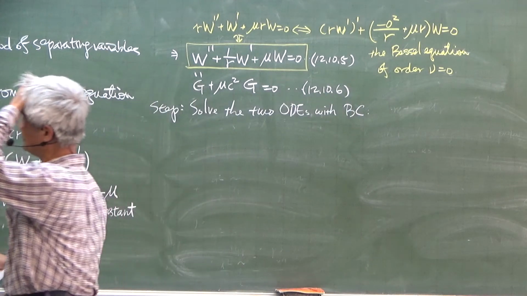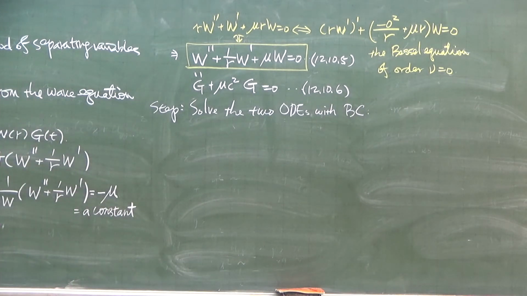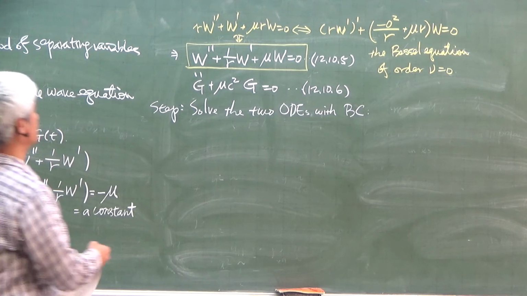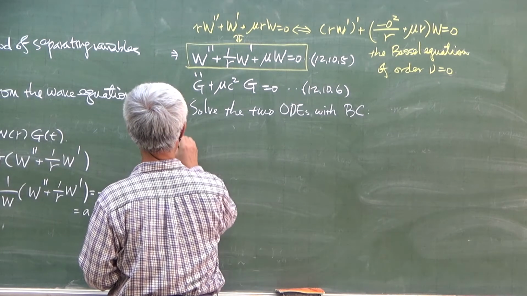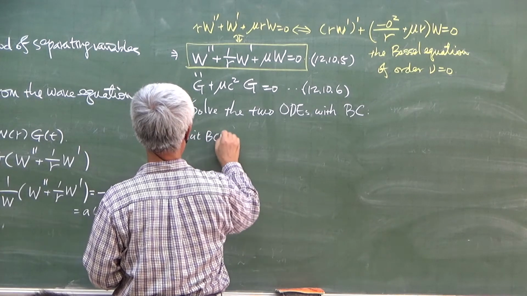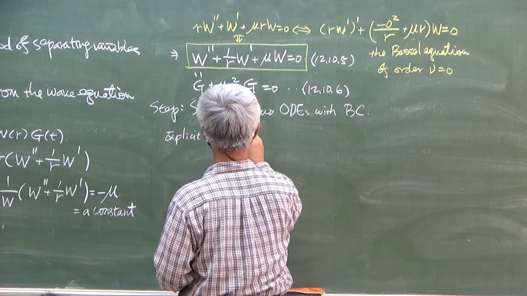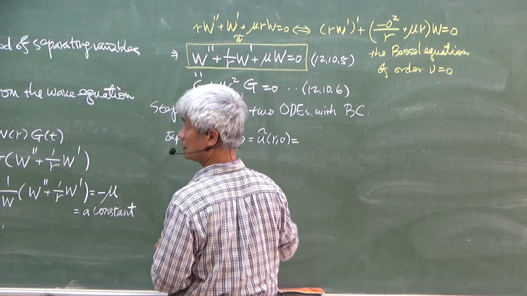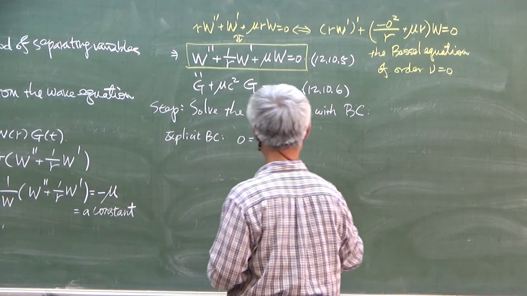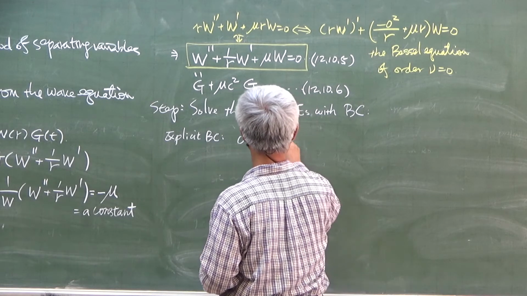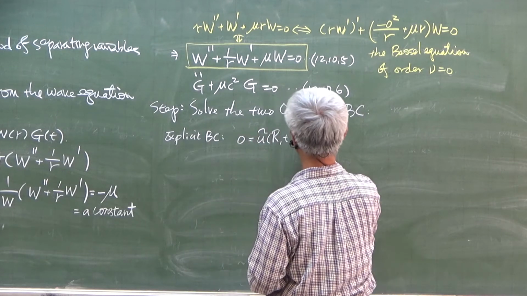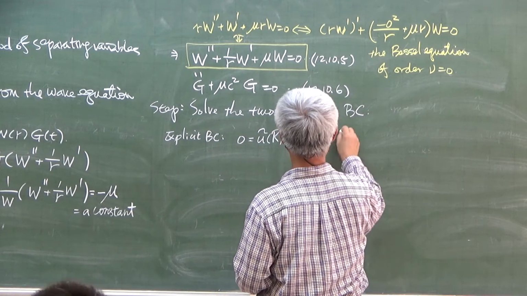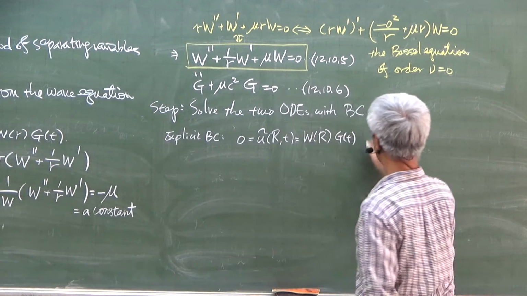We have one explicit boundary condition and one implicit boundary condition. The explicit one says that 0 is equal to W(R)G(t) for all t.